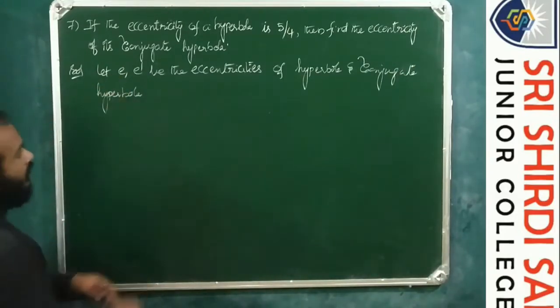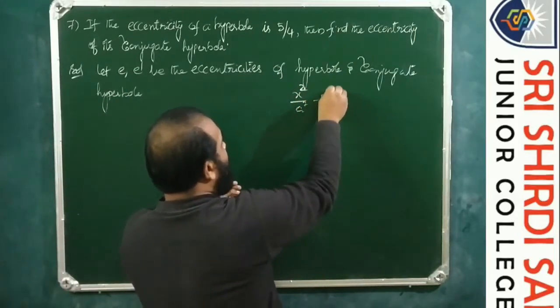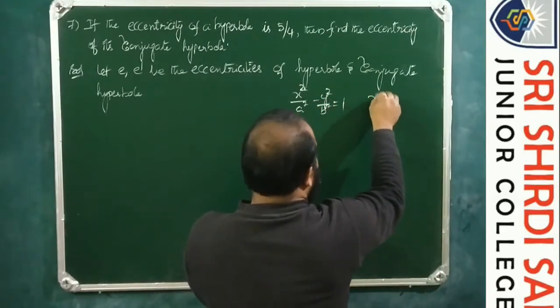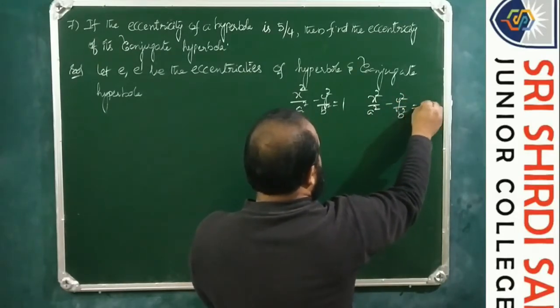The hyperbola is x square by a square minus y square by b square equals 1, whereas the conjugate hyperbola is x square by a square minus y square by b square equals minus 1.